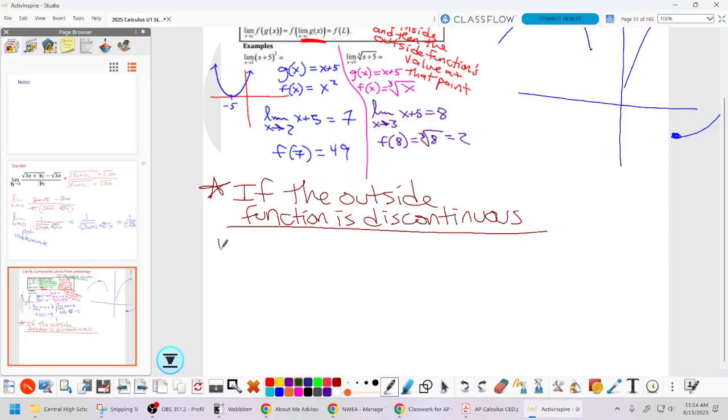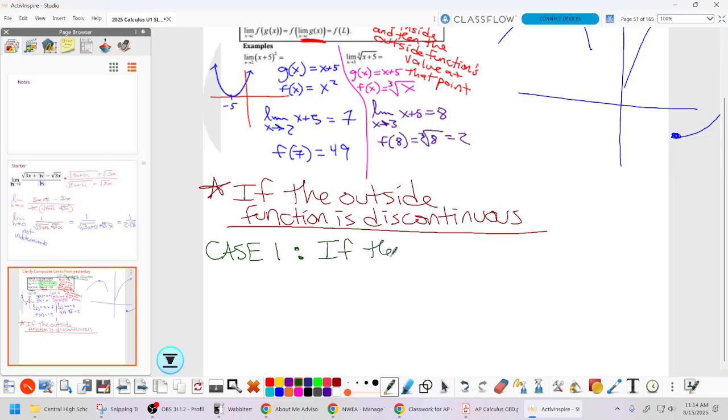Okay, so case 1. I actually am going to call these case 1, case 2, case 3. Ready? There's going to be a bit of writing here, so tell me if I need to slow down.